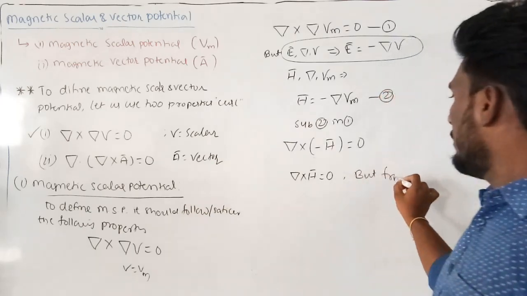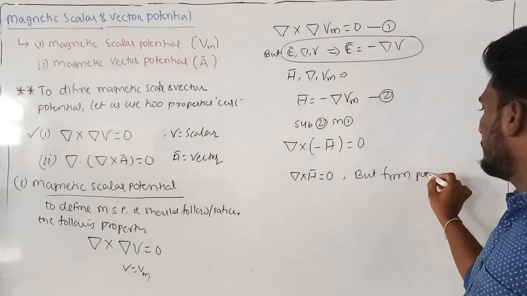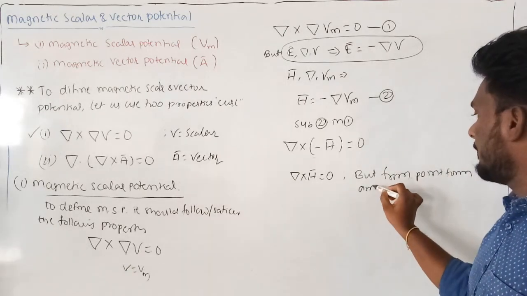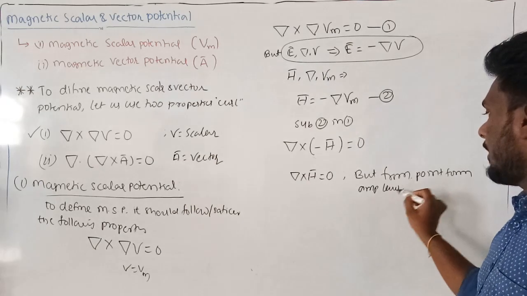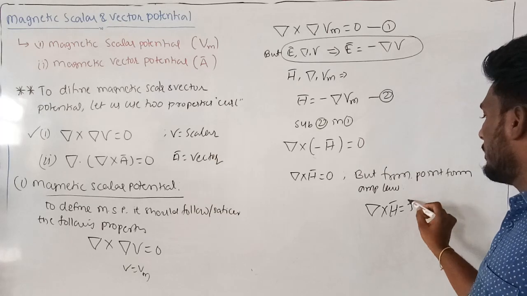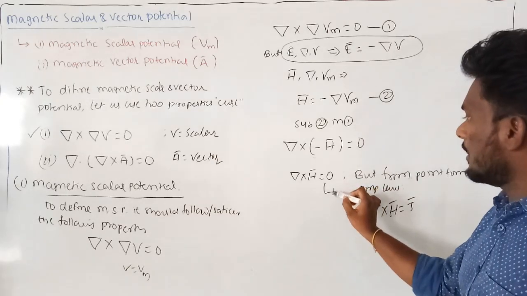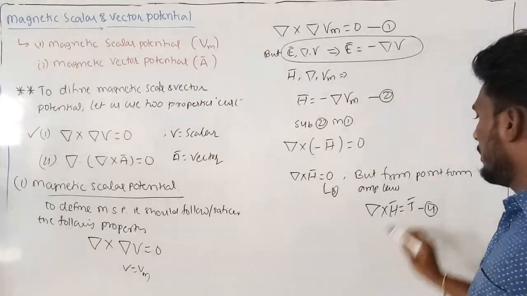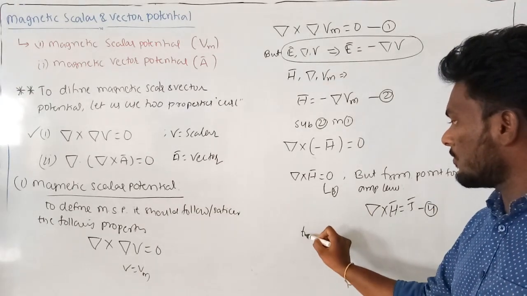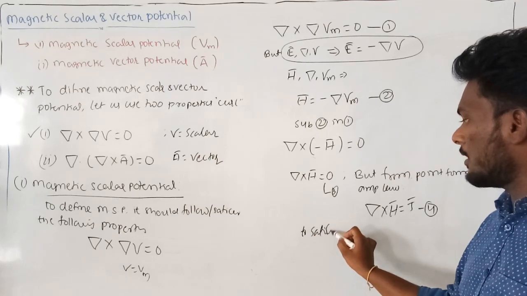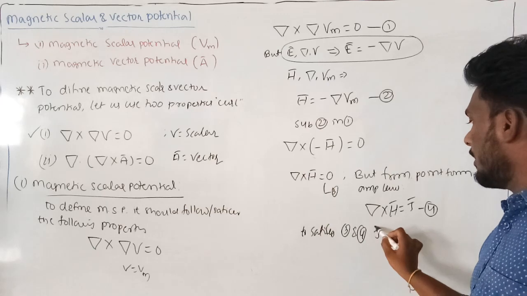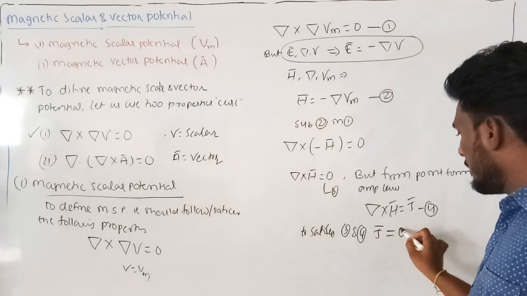But from the point form of Ampere's law, what is del cross H bar there? Del cross H bar is equal to J bar. So consider this as equation 3 and this as equation 4. To satisfy 3 and 4, the J bar should be 0.